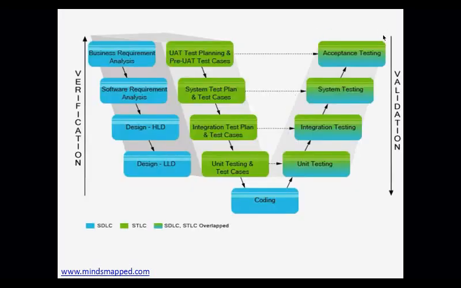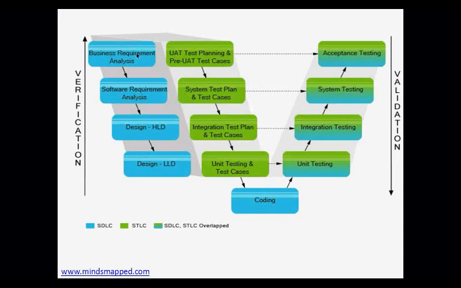So in this diagram, I have shown what is verification and what is validation. In verification, what we are checking is whether the low level design is there or not, the high level design is there or not, the software requirement analysis. These are the documents on your left hand side which we generally get from the client.